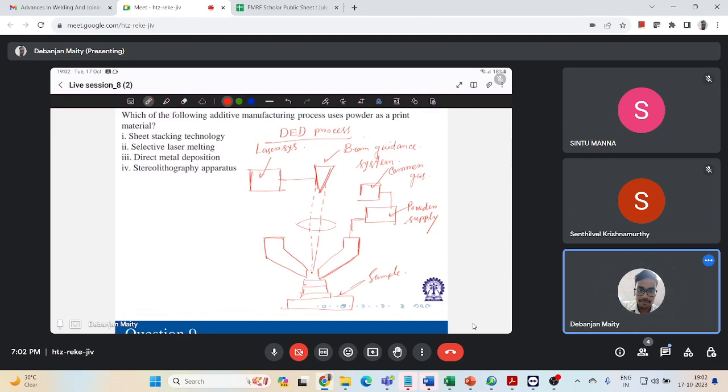Now, here also your power source first melts the powder or wire, depending on the feeding mechanism. This process is assisted with some shielding gas to ensure the feed doesn't react with the atmosphere. Unlike powder bed fusion, multiple axis deposition and multiple material delivery can be used in direct energy deposition.